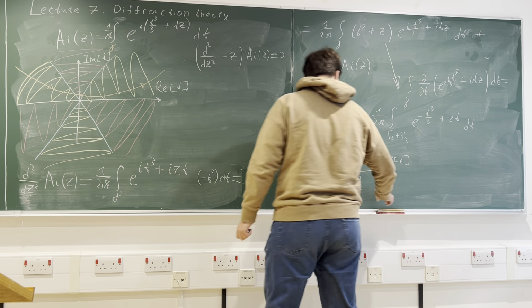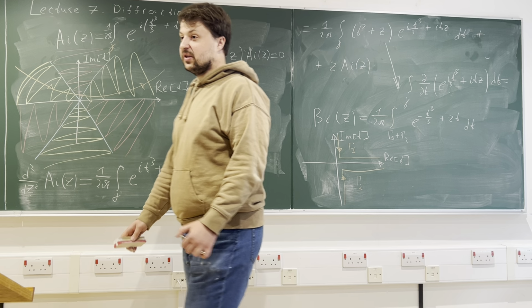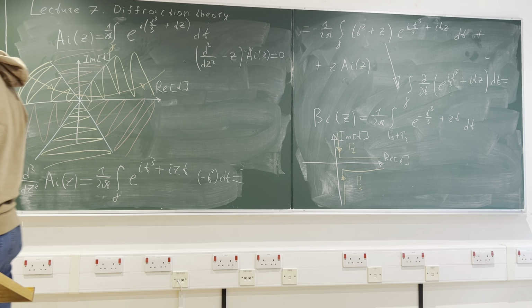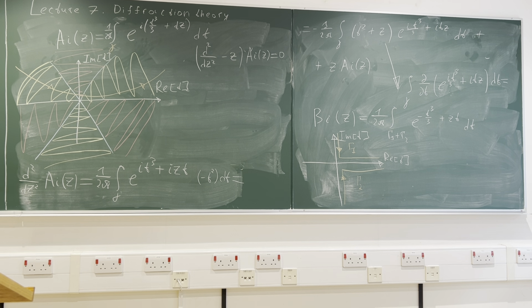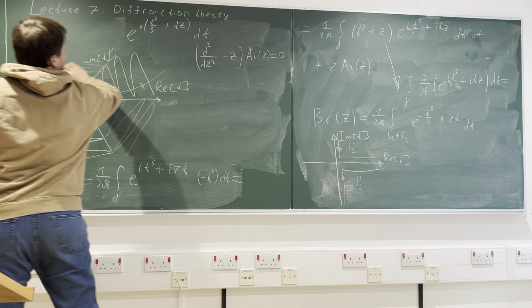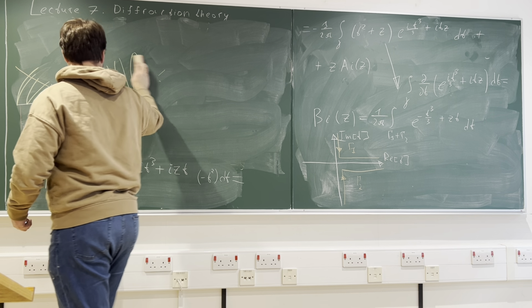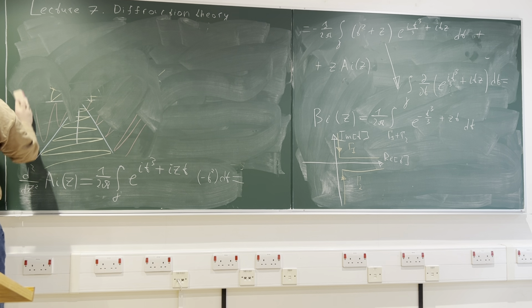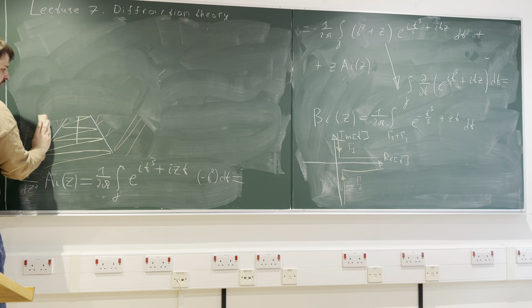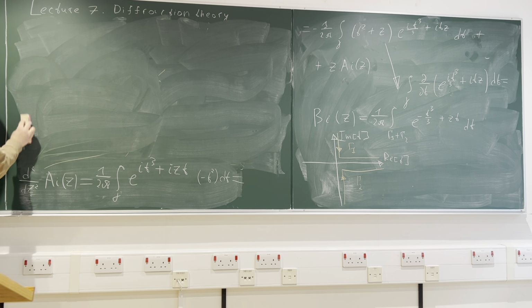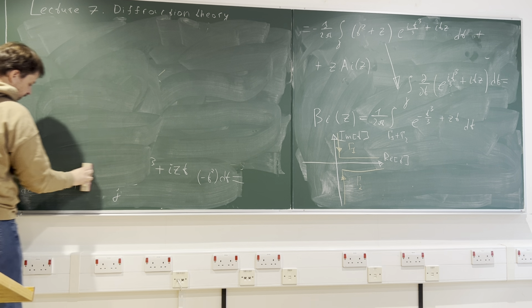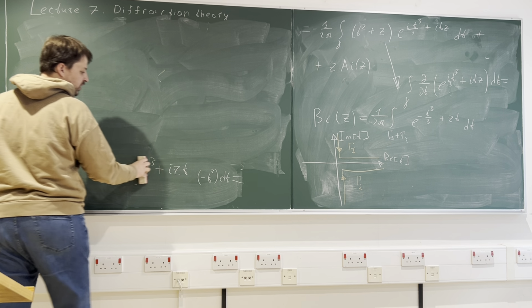We need to know the asymptotic behavior of this solution, and then we need to choose which one of them corresponds to the outgoing wave, the way we understand it. And I won't be doing asymptotic analysis, but it can be done using the saddle point method. Maybe I will do it next time. I'm considering whether I should do it. Maybe it's a good exercise.